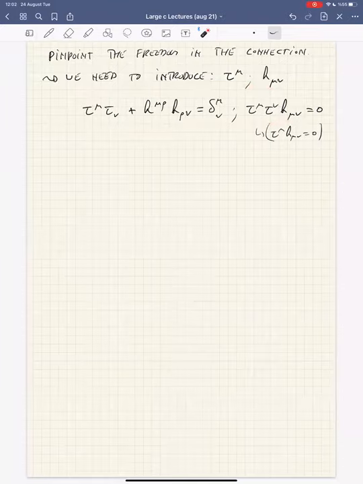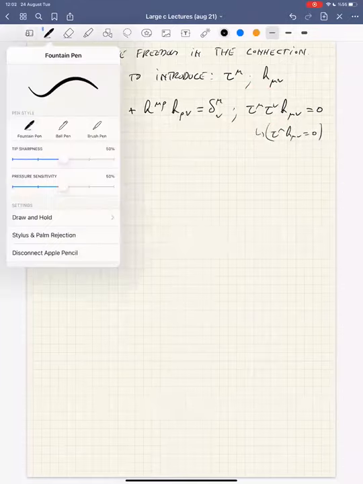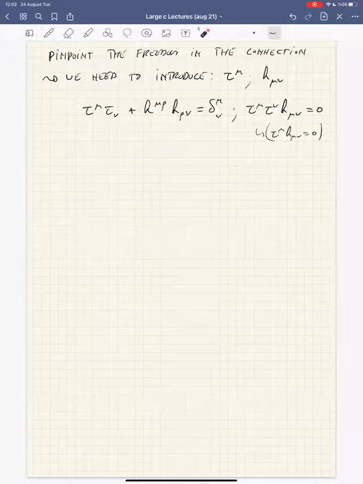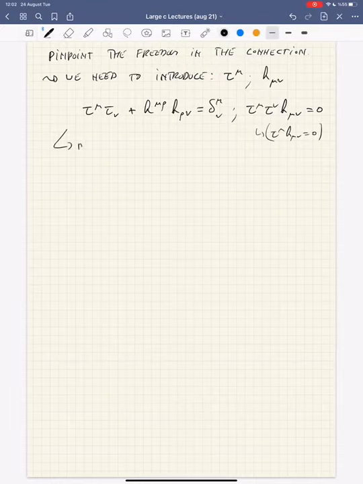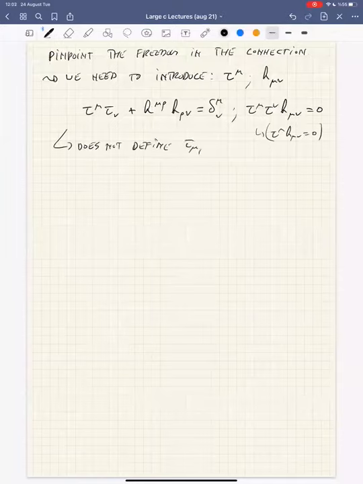Now, there is a problem though, which is that these equations do not determine these objects uniquely, given the fundamental fields tau_μ and h^μν.